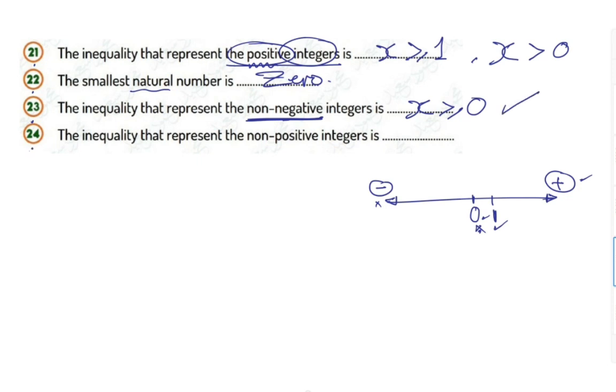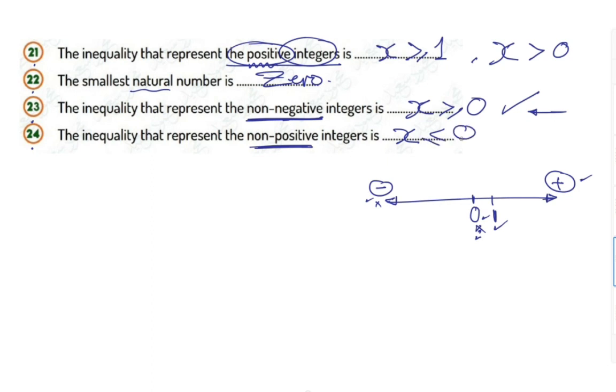Now, the inequality that represents a non-positive integer. Non-positive means 0 and all the negatives. It is the same inequality but with the opposite sign.